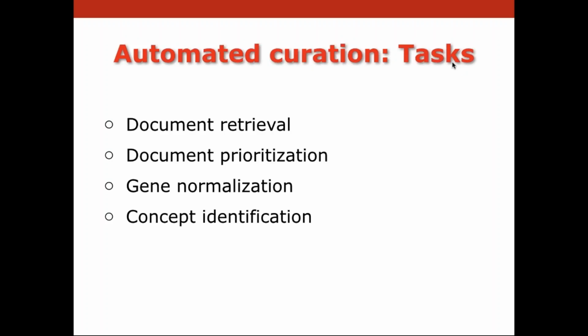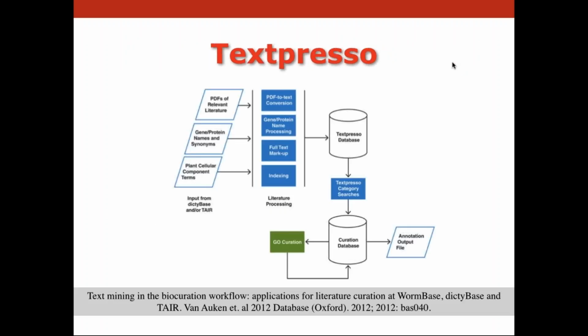So the automatic systems were not usually performing really well in this task. And finally, another task is concept identification, so which gene is mentioned in the paper, and so on. So these are all tasks that we can ask automated systems to help us with.